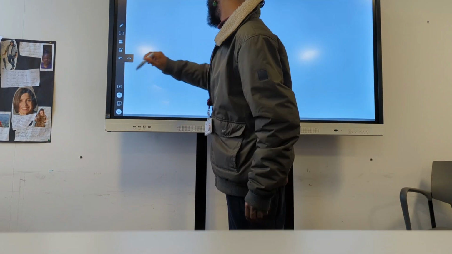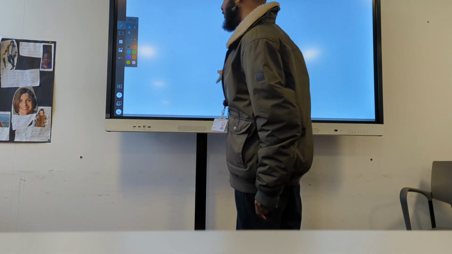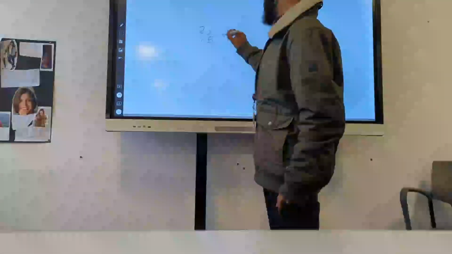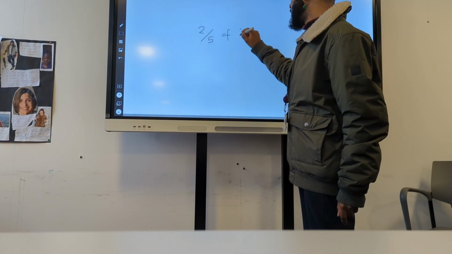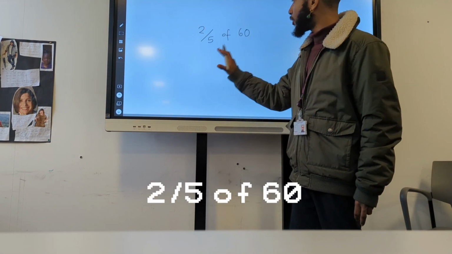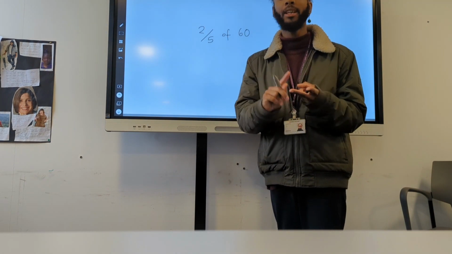Okay? So we're going to go through 5 examples very quickly. So let's just say 2/5 of 60. Okay? Now, if you need to find a fraction of a whole number, just make sure that you are going to do multiplications and divisions.